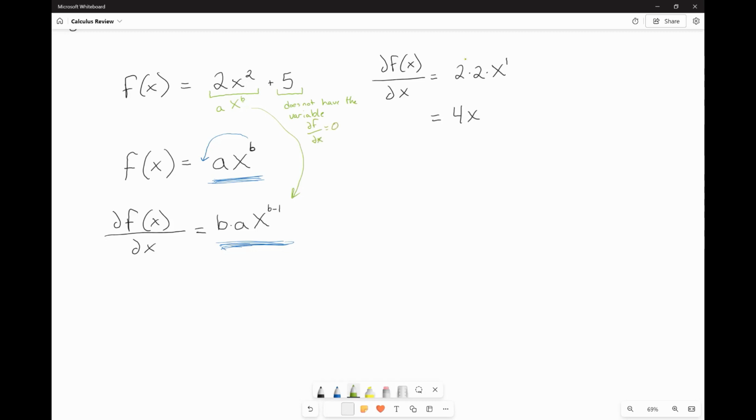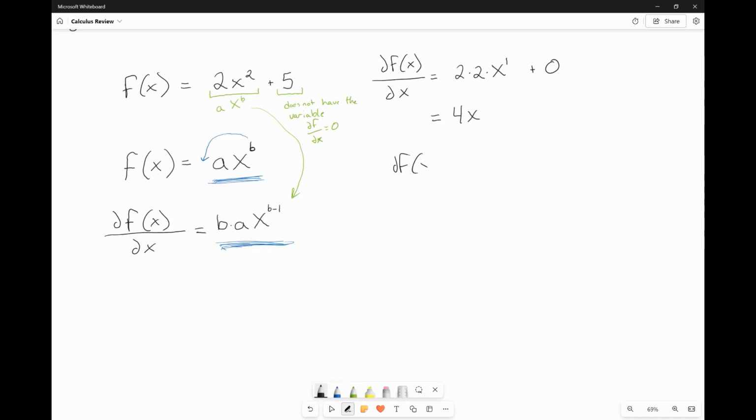So this 5 doesn't have x in it, so the derivative is just 0. The derivative of the second term is 0. We don't need to write 0 anymore. And so then we have our final answer.